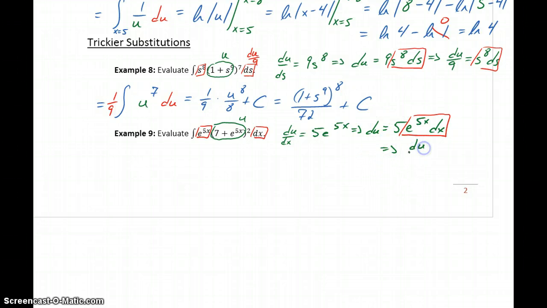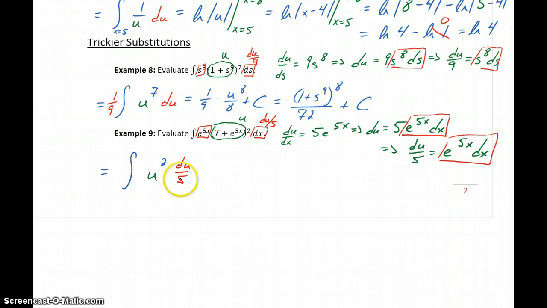So again, we'll divide that back over to the other side to get du over 5 equals e to the 5x dx. So now in place of the e to the 5x and the dx, we can swap in du over 5 to rewrite our integral as the integral of u squared times du over 5.